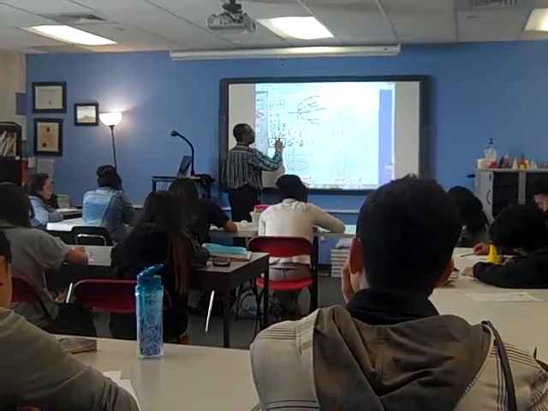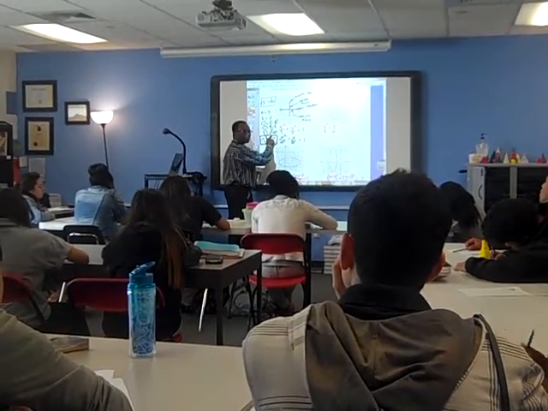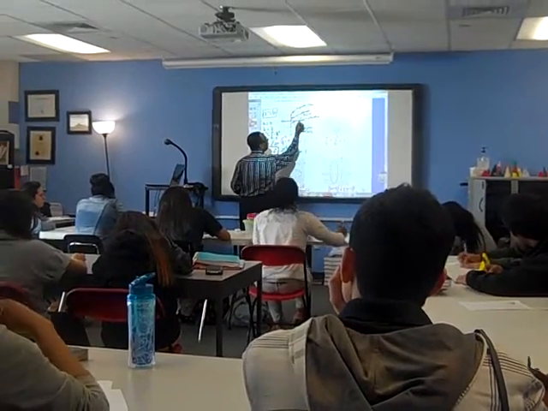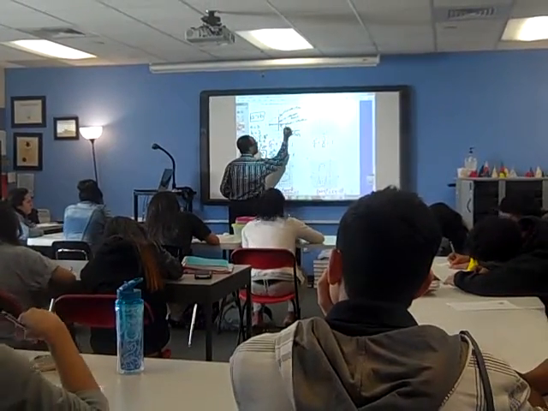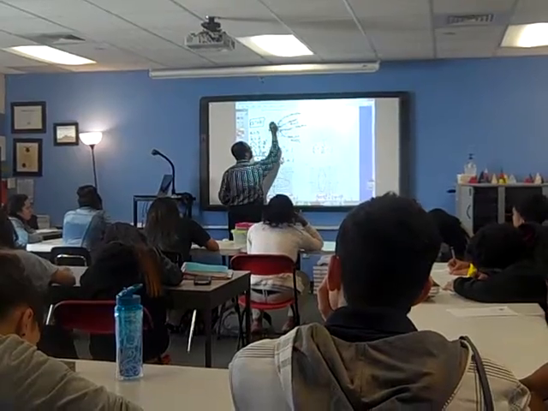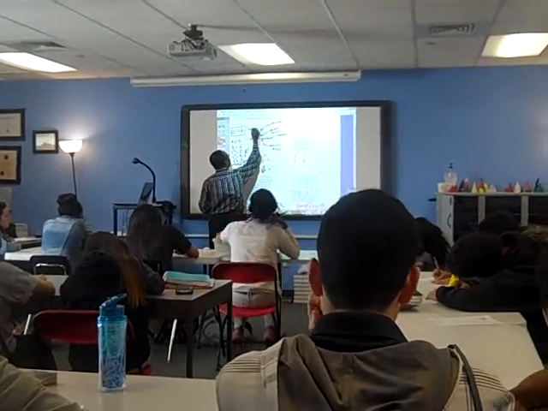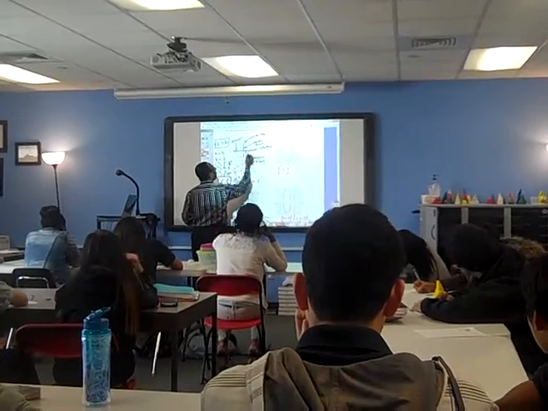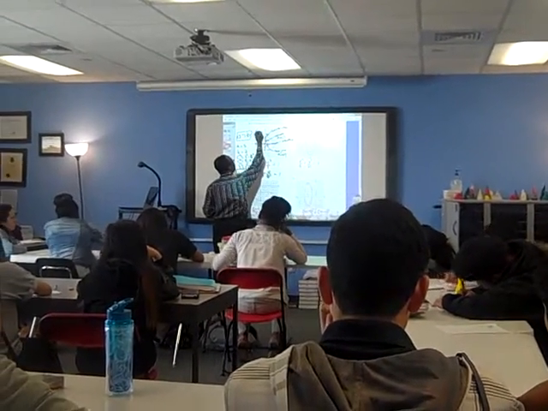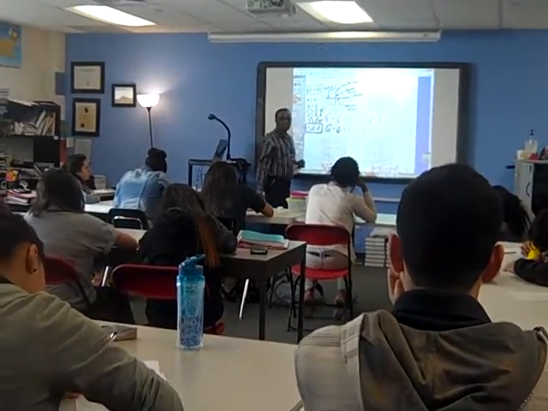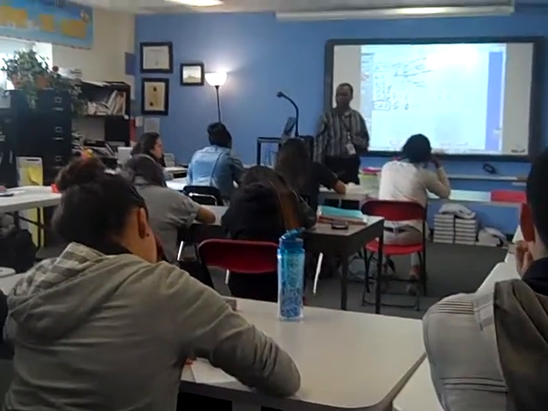The square root of 5 is 2.3. So it will be 1, 2, 2.3. That's where C is. So here is the focus. And that focus is C. And that's our C. Right?